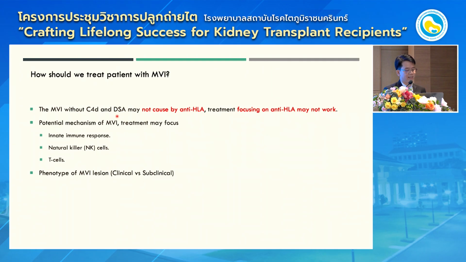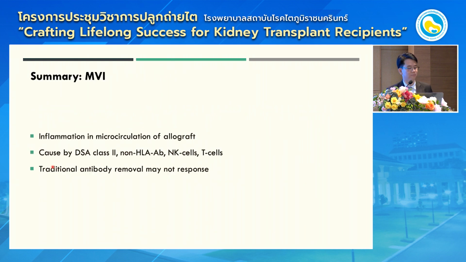So the potential mechanism of the MVI can be an innate immune response like NK cell and T cell, and we have to look at the phenotype of the patient as well, whether they are clinical or subclinical. In summary, MVI, any inflammation in the graft, always is a problem, and the cause of the MVI is mostly HLA class 2.